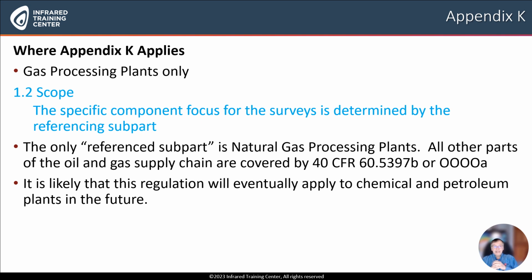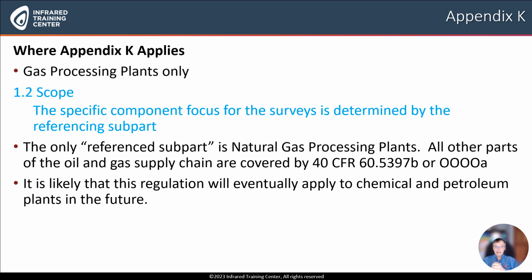Where does this Appendix K apply? It applies to gas processing plants only. And here's a direct quote from the EPA. "The scope, the specific component focus for the surveys is determined by the referencing subpart." The only reference subpart is natural gas processing plants.